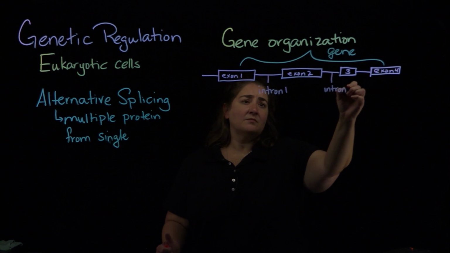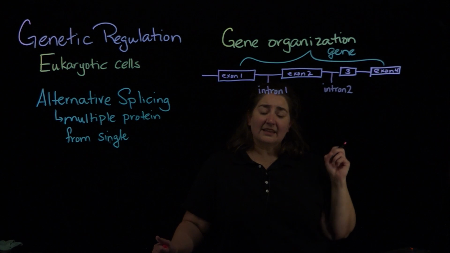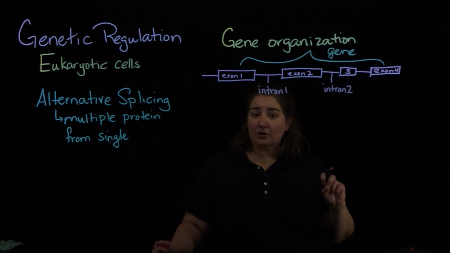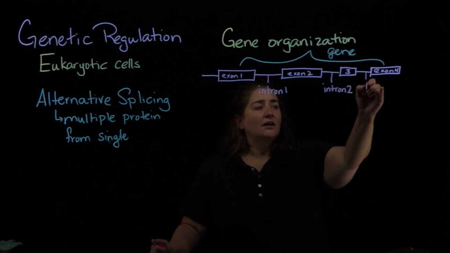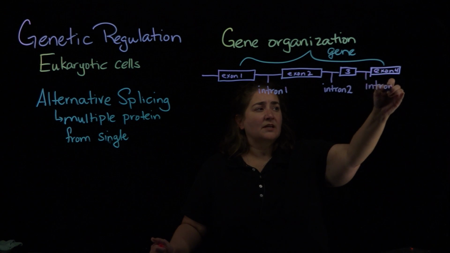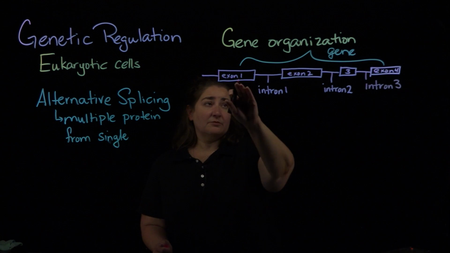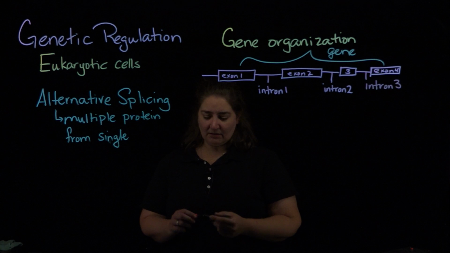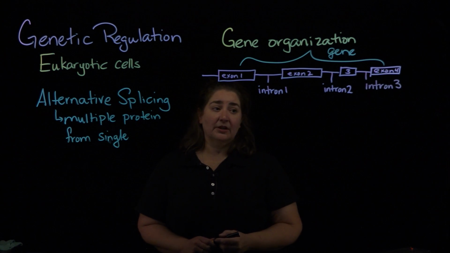And a lot of times, those introns are the regions of RNA that actually give rise to those microRNAs that we talked about in another video. So those introns sometimes do have some function that may not necessarily be related to the gene that is being transcribed. Sometimes it may, okay?